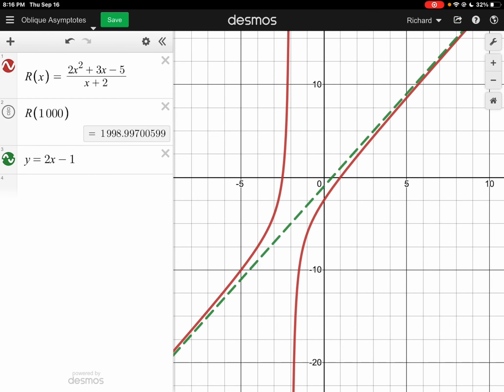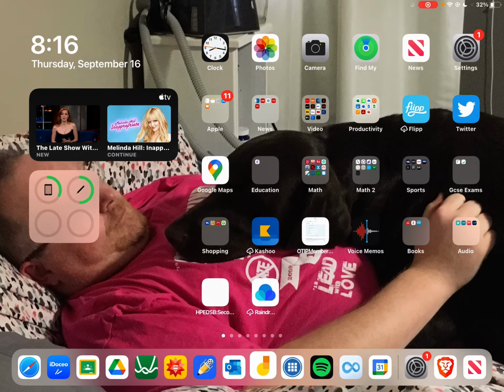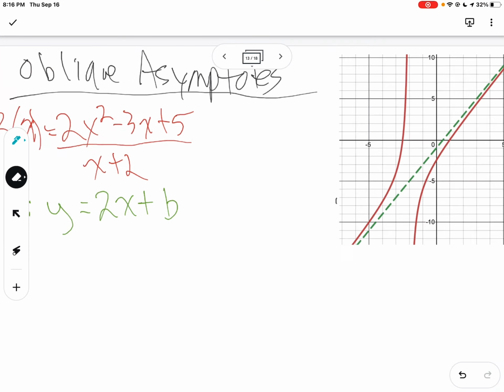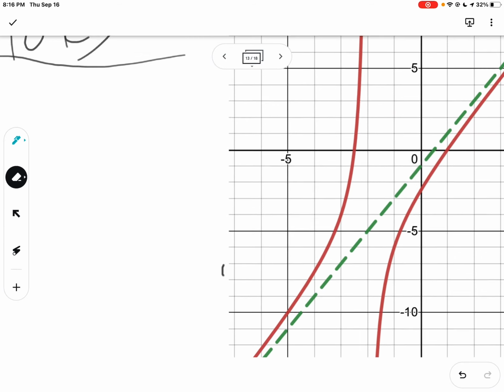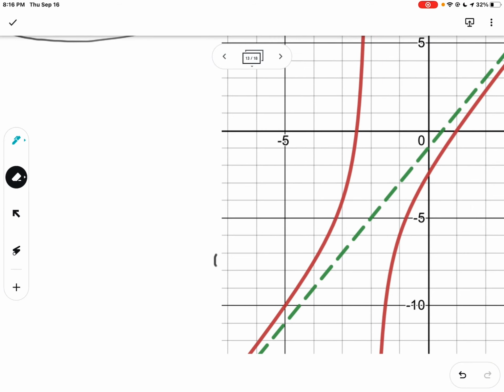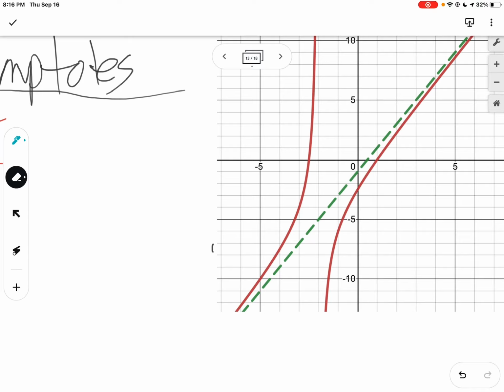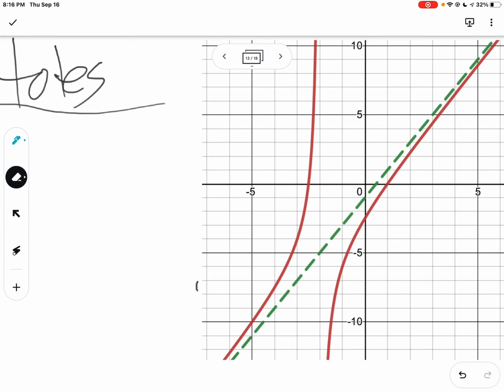So I've got a picture of this on the next sheet that I'm going to go to on the Jamboard. So look at this diagram. Here's what I want you to notice as we look at it.